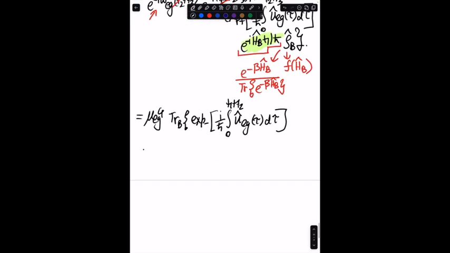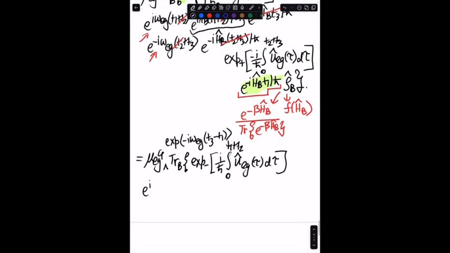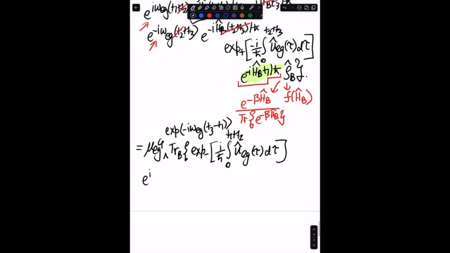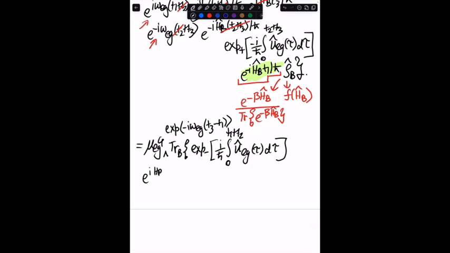So you have e raised to the power, which makes sense because this is a rephasing process. So our coherence terms look good. And you have this e raised to the power I HB t1 upon h bar.